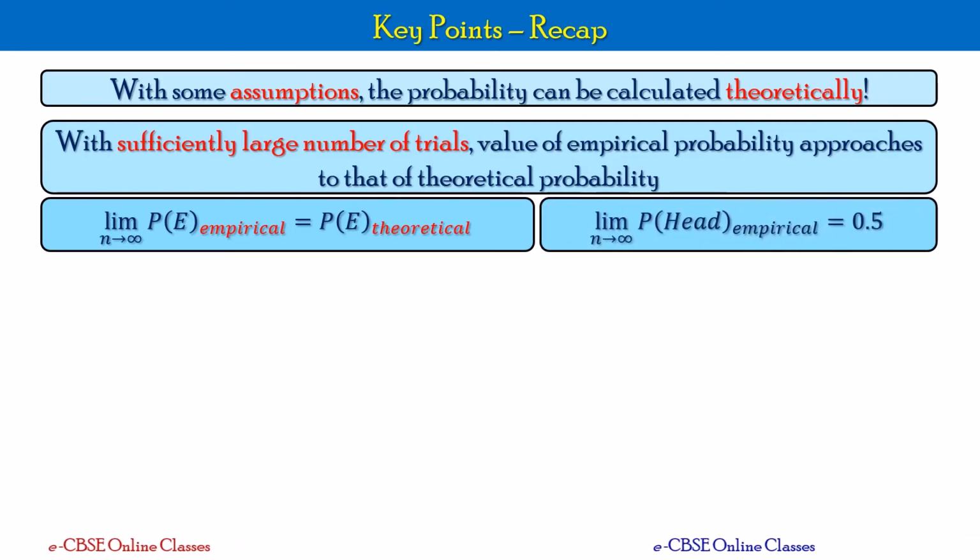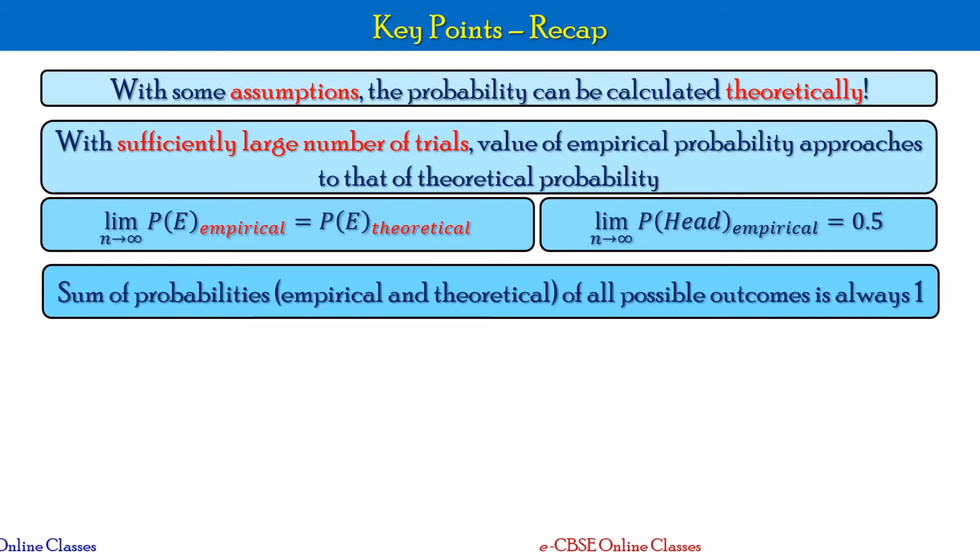For example, in the coin tossing example, as your number of trials approaches infinity, the probability of you seeing a head is equal to 0.5, which is also a theoretical probability. Sum of probabilities, both empirical as well as theoretical, of all possible outcomes is always 1.